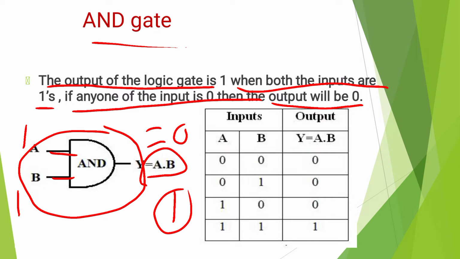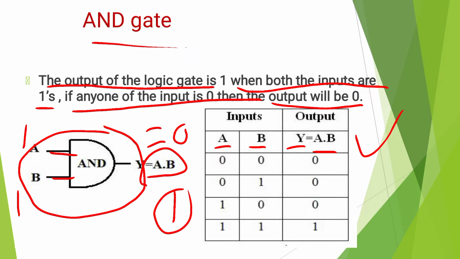Okay, and it is the truth table for AND gate. Here see, the inputs are A and B and Y is the output. We know it performs the multiplication operation, that is input is A and B is also input. Multiplication of both A and B is our output.